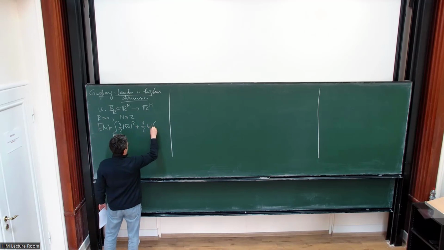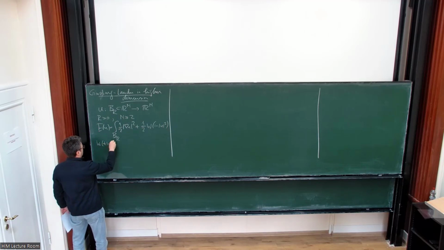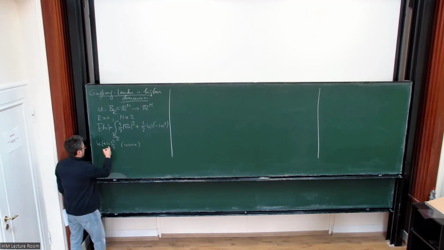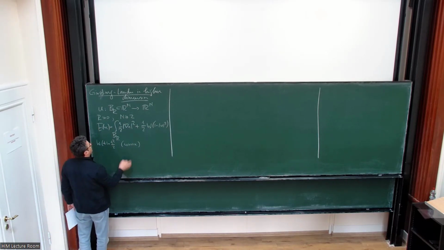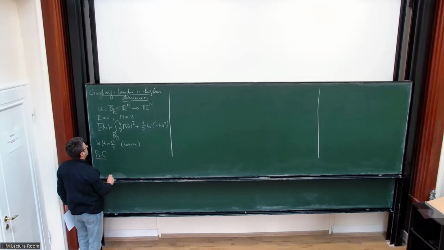this one, and then just think of W to be t squared over 2, but any convex potential like this will work. Okay, so what is the boundary condition here?